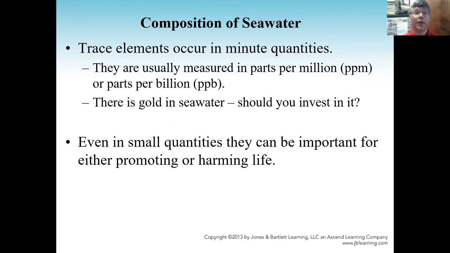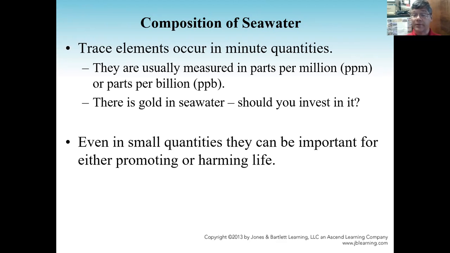There are also a variety of trace elements. You can find practically the whole periodic table in the ocean, as long as you don't get into the stuff that's only been made in labs. Not much of a lot of them, but they're there. This may be all the way down to parts per million or even parts per billion. So for example, yes, there is gold dissolved in seawater.